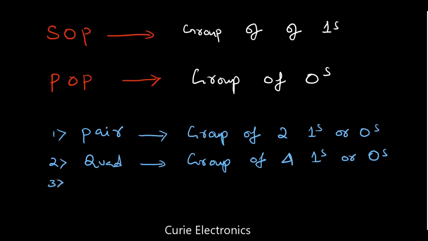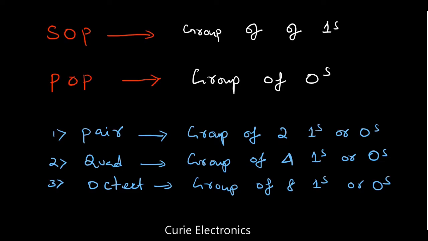Then we have the octet. Octet means a group of 8, ones if it is SOP, zeros if it is POS.